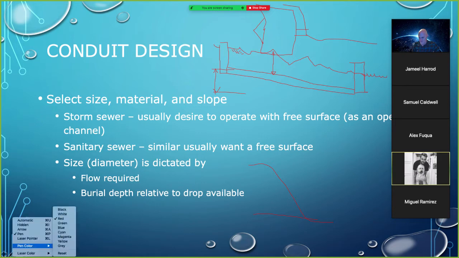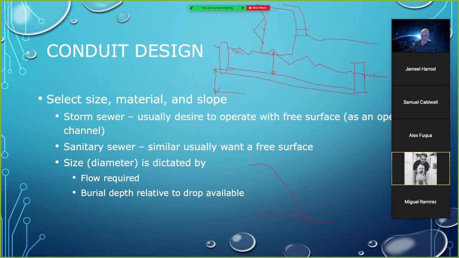Let's pick a pretty yellow color. We don't want to have the situation where the pipe is moving uphill. That would require pumping, and that's generally avoided in sewer design.